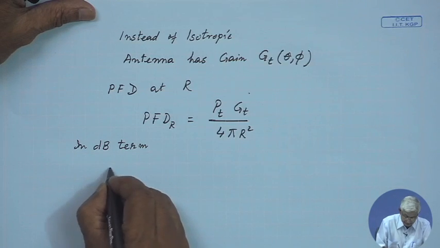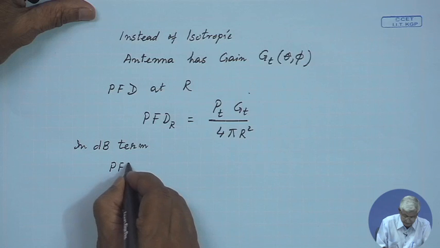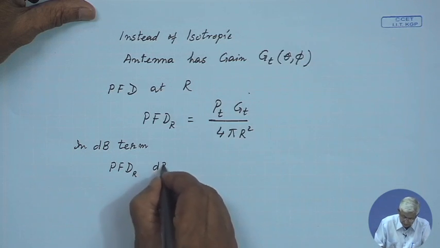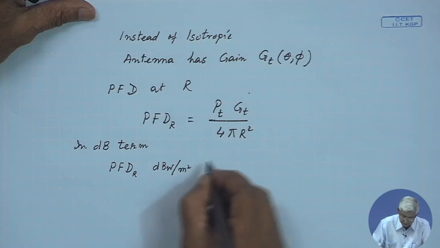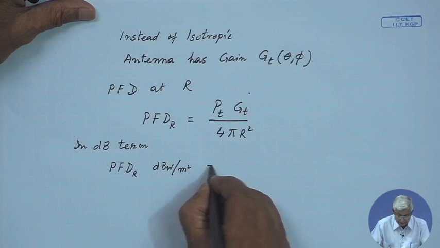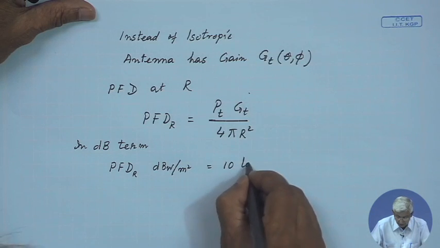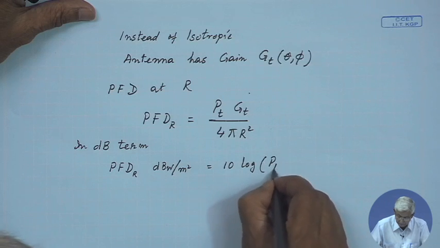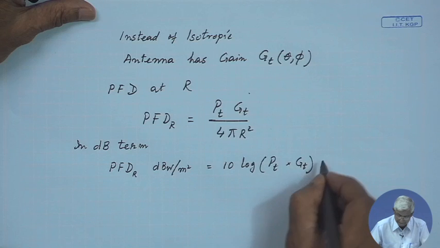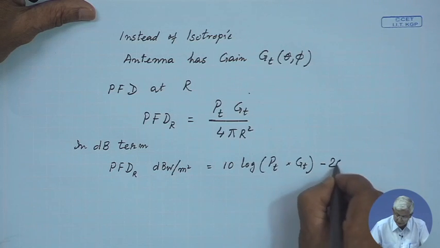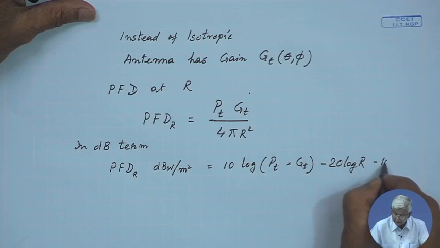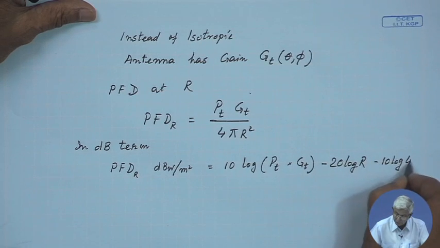So, in dB terms, the PFD at R, whose unit is dBW per meter square, as we are transmitting in watts, will be 10 log of PT into GT, minus 20 log of R, minus 10 log of 4 pi.